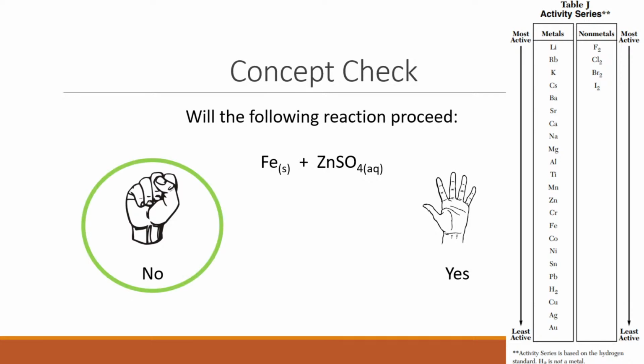This reaction will not happen. If we look at our two elements, zinc is higher than iron. Zinc can replace iron. Iron cannot replace zinc, so this reaction does not proceed.